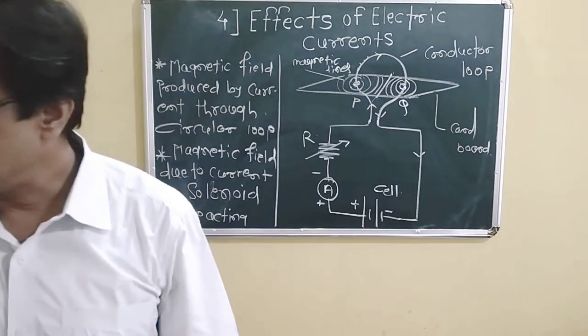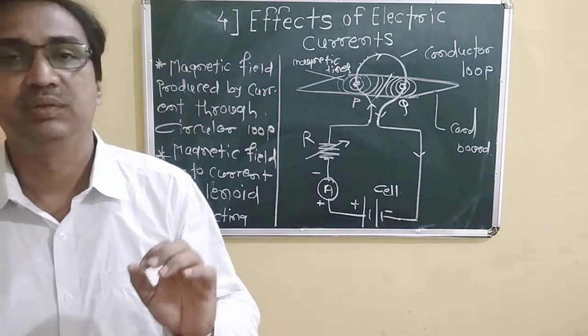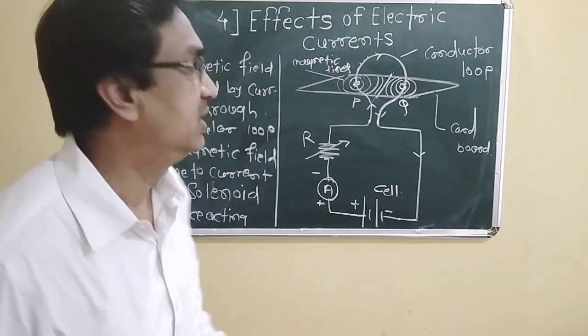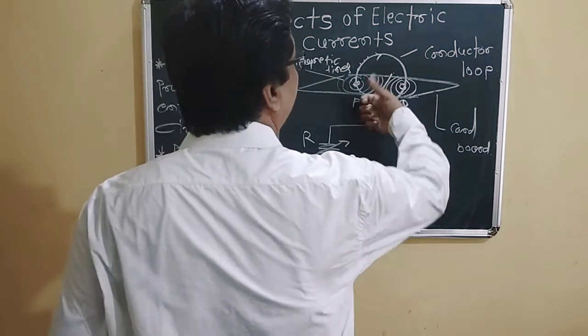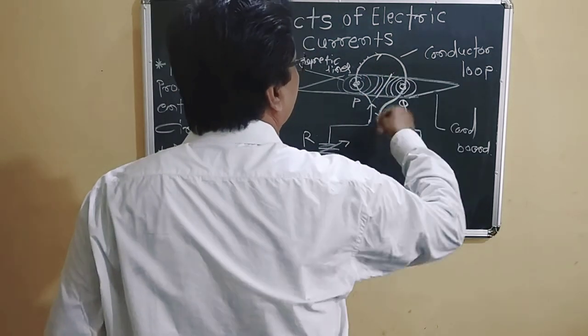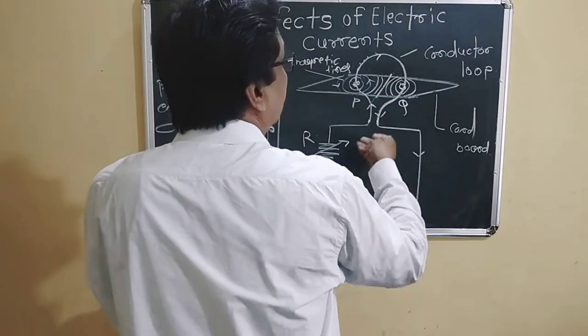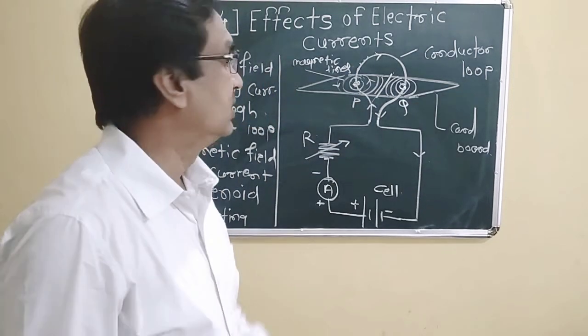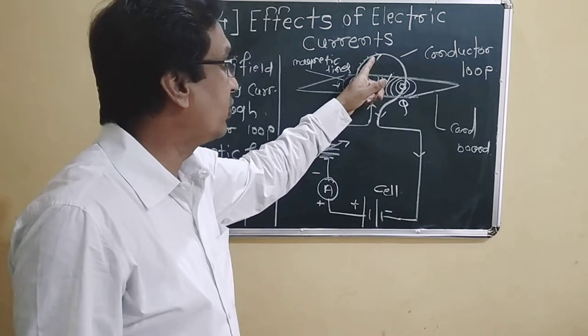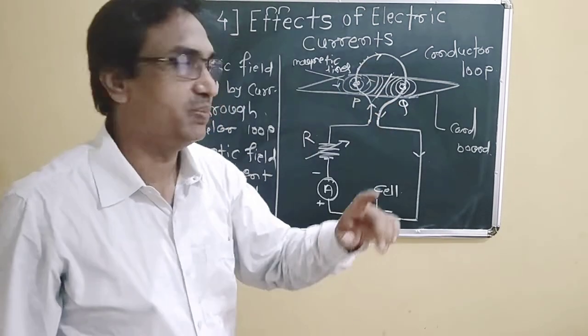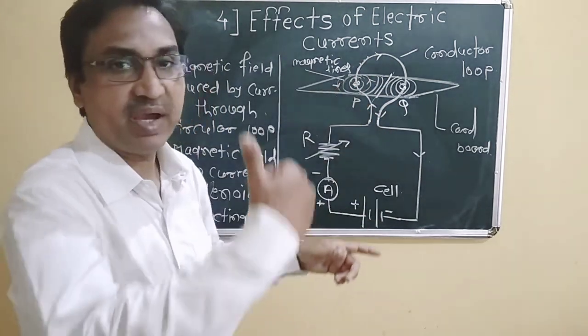By using the right hand thumb rule, we can easily find the direction of a magnetic field. The direction of current is already provided to you, and from that we can find out the direction of the magnetic field.